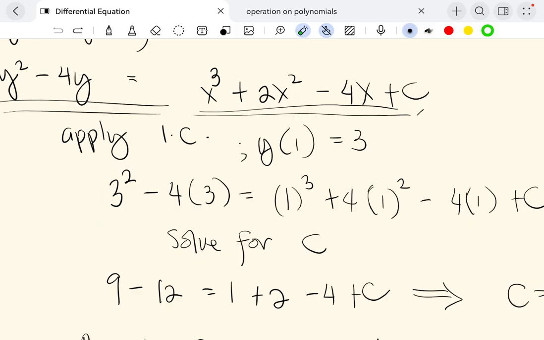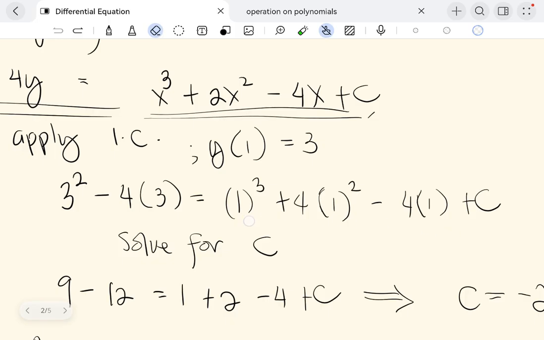So 3 squared minus 4 times 3 is equal to the whole thing, where this becomes 9, this 12, and this is 1 plus 4 minus 4.